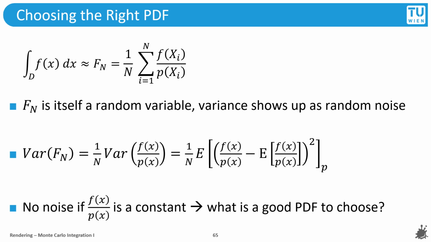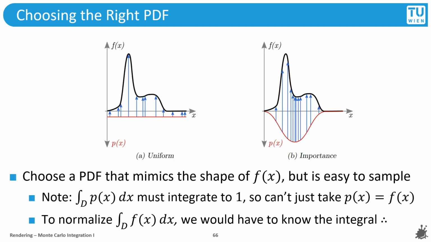So what function should we ideally choose for the PDF to minimize noise? The short answer is a function that we can easily sample and whose shape is as close to the expected function f of x as possible. Now ideally, we could simply set p of x is f of x and variance would be completely eradicated.